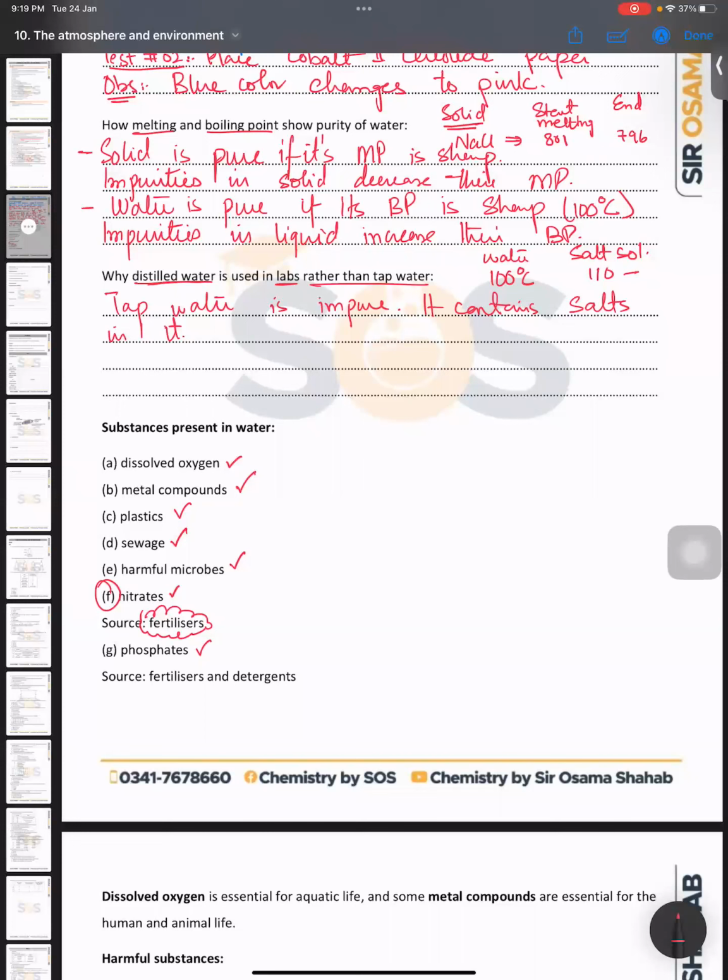It is from fertilizers and detergents. This is also very important to remember the source of these two. Many times in exams, you will see this question. So the source of nitrates and phosphates in water is actually fertilizers and detergents. Right?